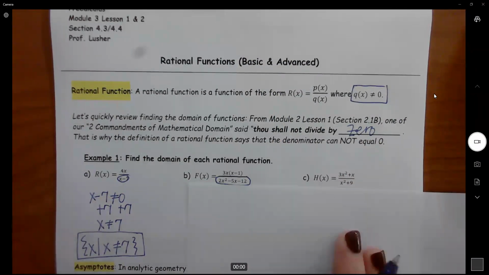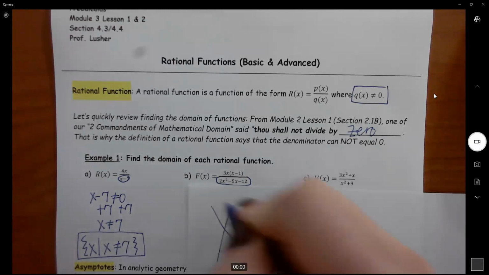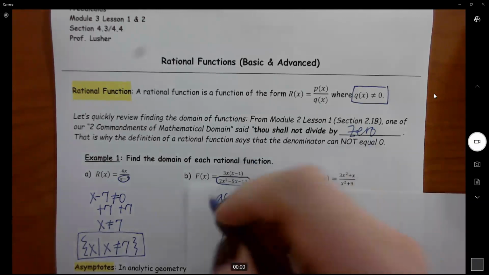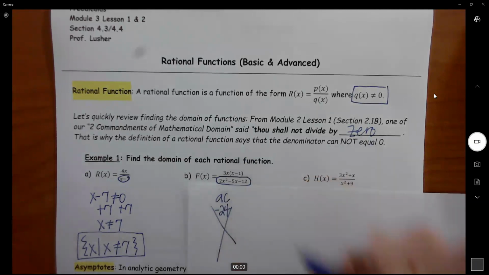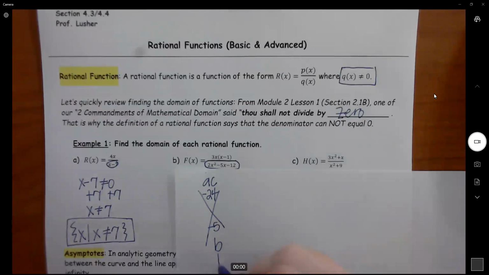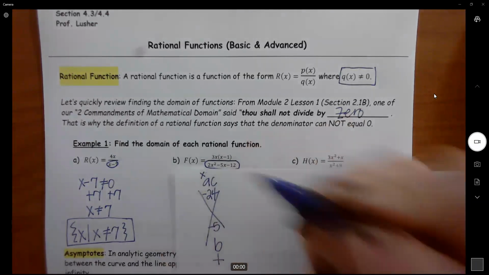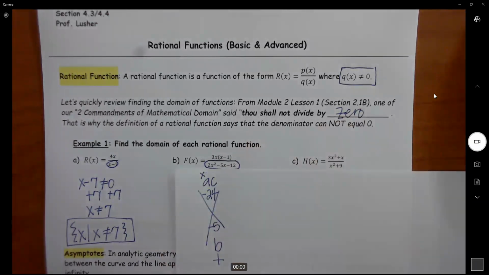So we'll go into our X. My A times C is 2 times negative 12, which gives me negative 24. My B term is negative 5. We're looking for 2 numbers that add up to negative 5 and multiply to negative 24.